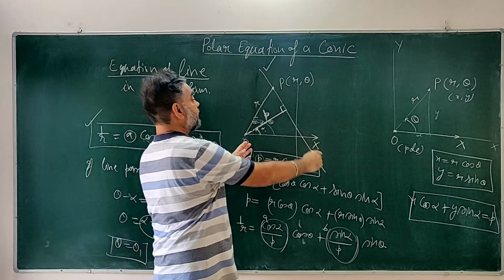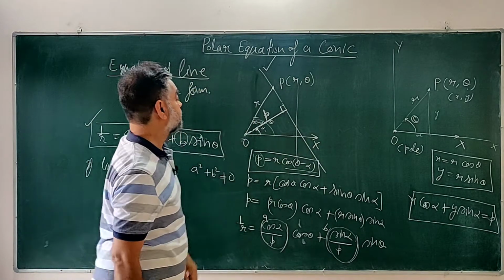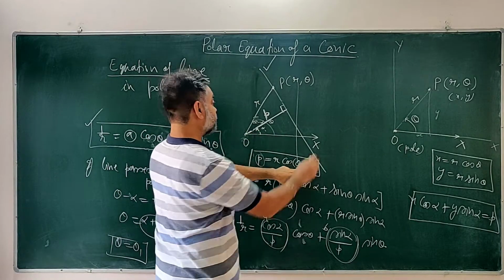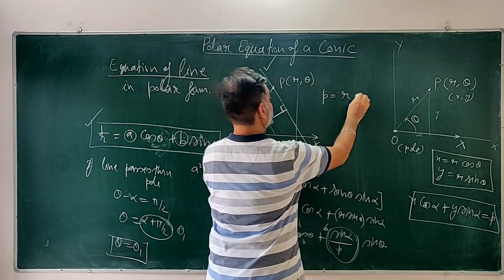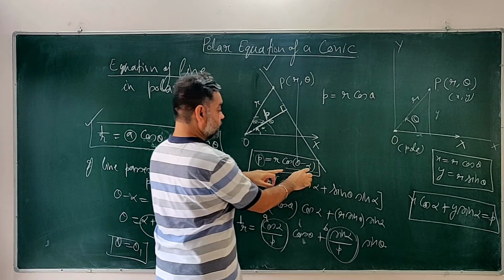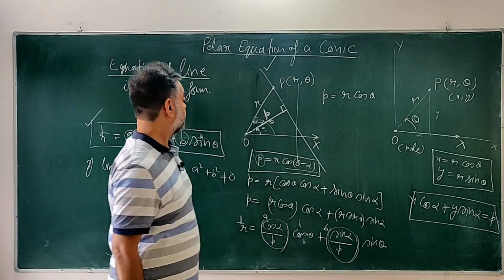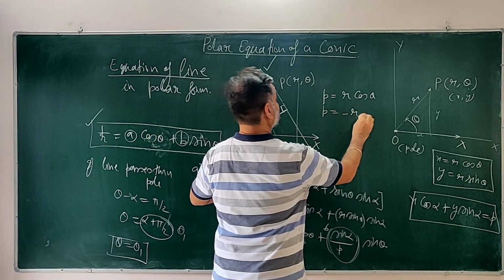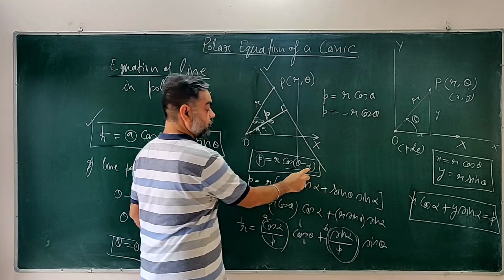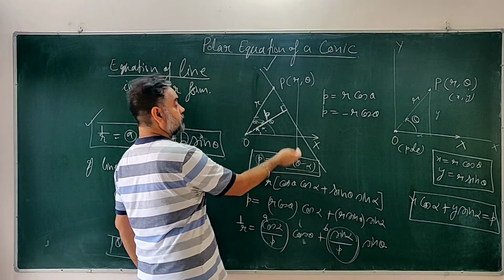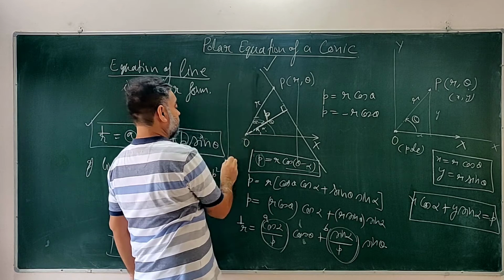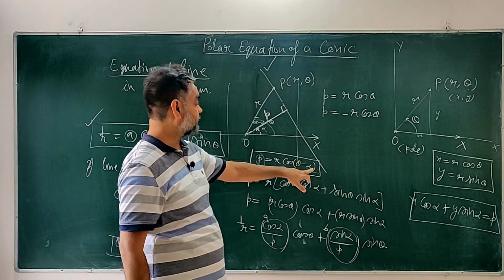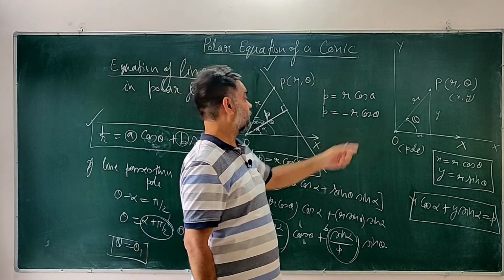In that case, the equation of the straight line would be p equal to r cos theta if alpha is 0, and if alpha is equal to pi, then p is equal to minus r cos theta, since cos of theta minus pi would be minus cos theta.